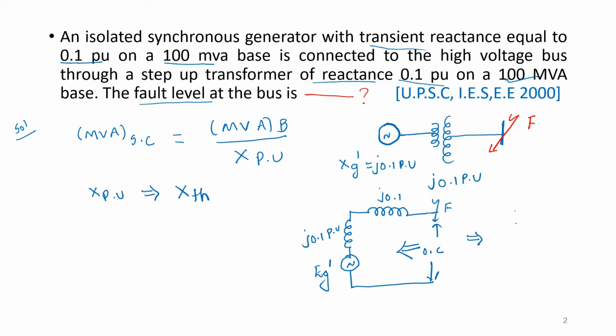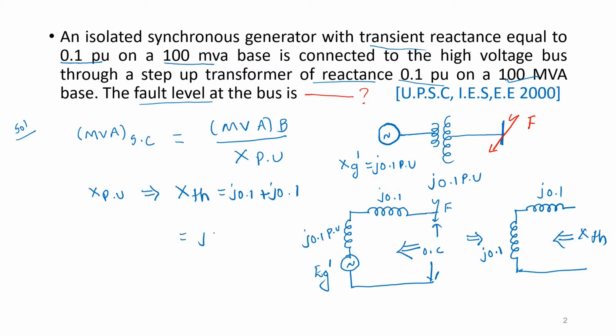The circuit can be redrawn by deactivating the sources: the voltage source is replaced by a short circuit, leaving the reactances j0.1 and j0.1, with the open circuit terminals. From here we find X Thevenin, which is j0.1 plus j0.1, equal to j0.2.